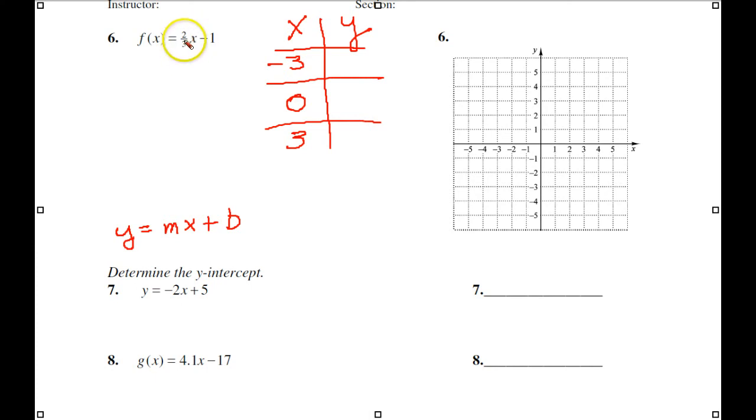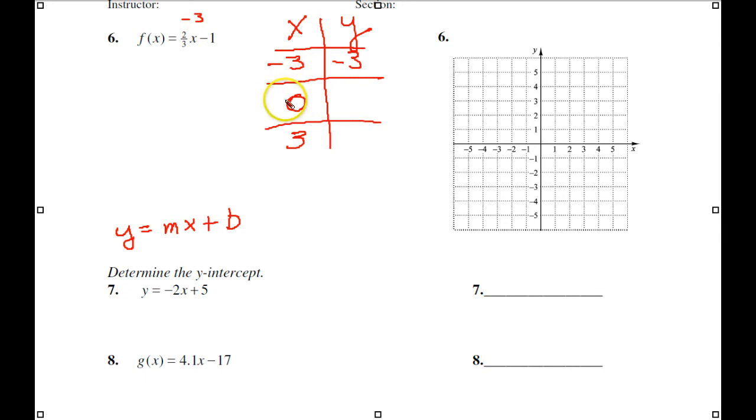That will make this a whole number. So watch, when I put in a -3 there, the 3's will cancel out, and I'm left with a -1. So 2 times -1 is -2, and a -1 add up to a -3.